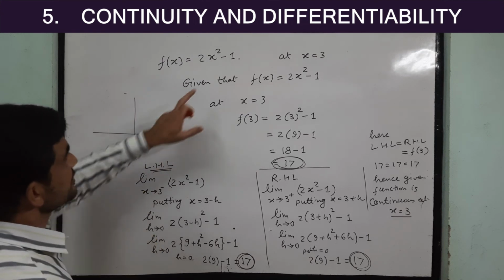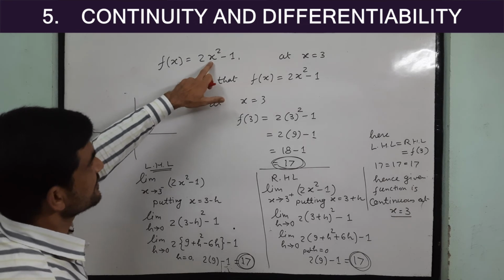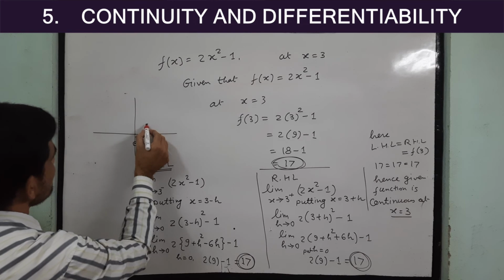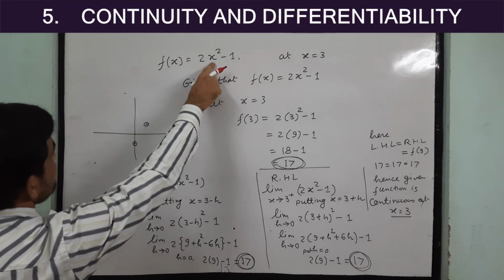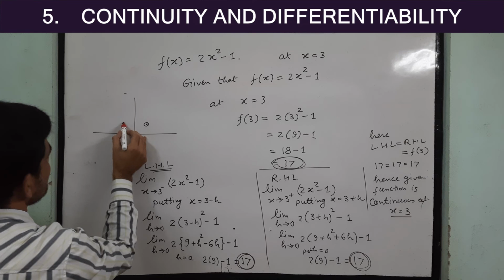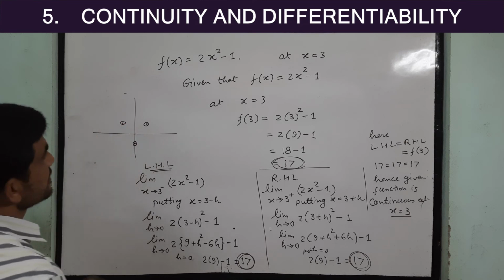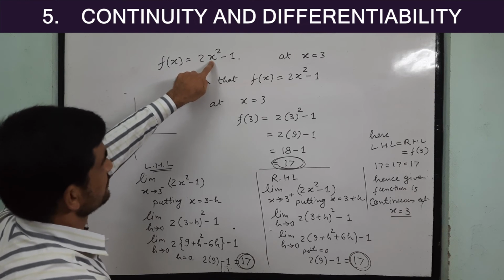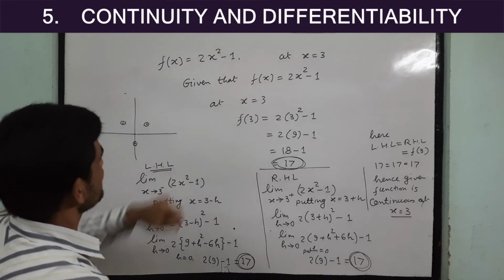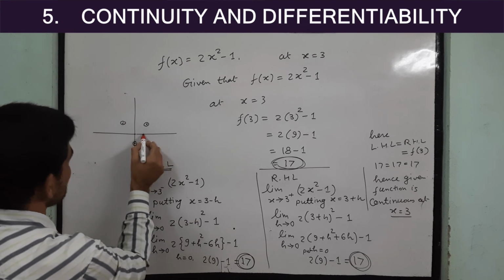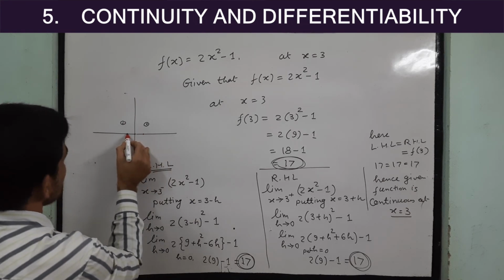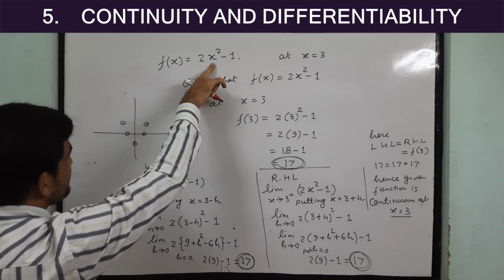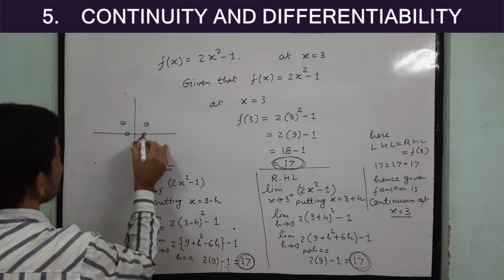When you put x = 1, you get y = 1. When you put x = −1, you also get y = 1. When you put x = 1/√2, you get 0 somewhere here, and for x = −1/√2, again you get 0.